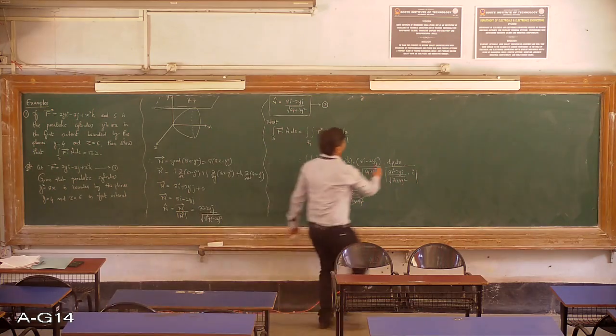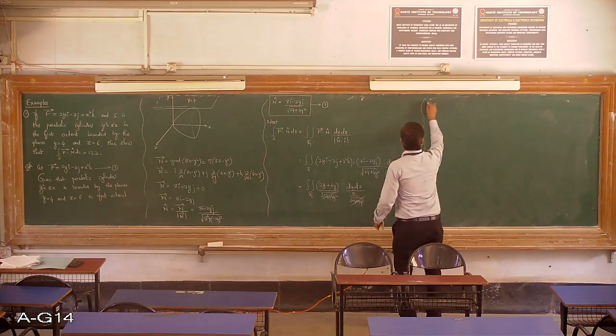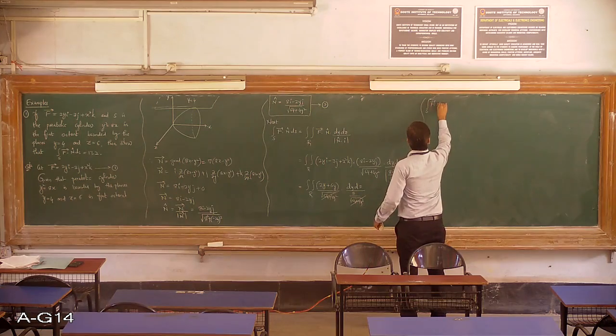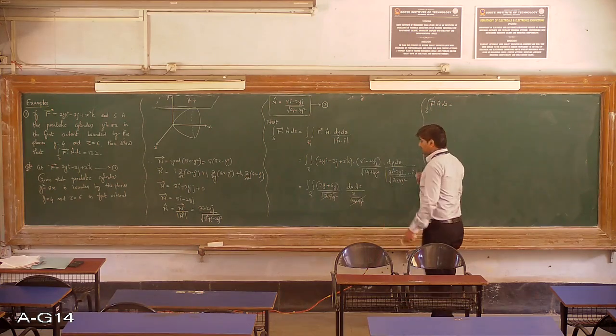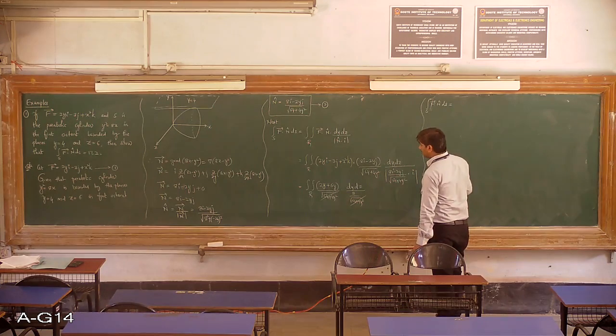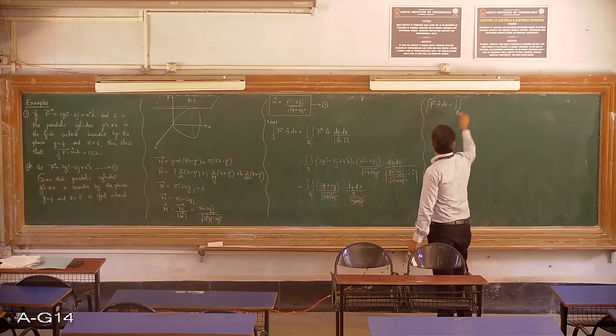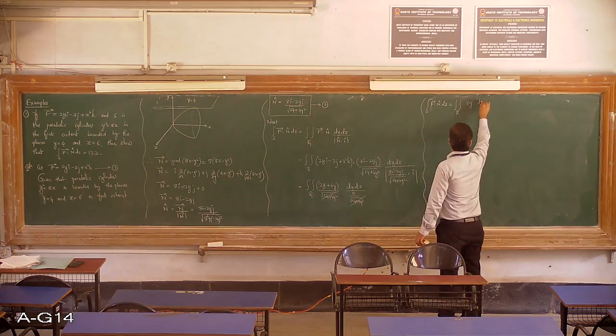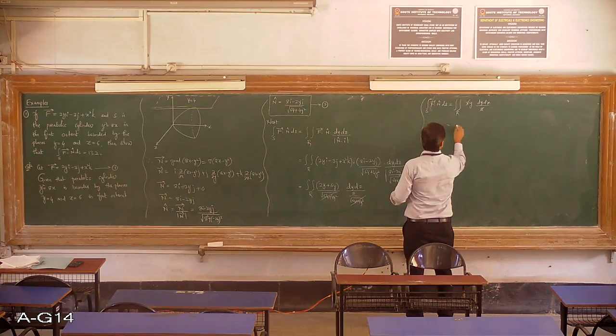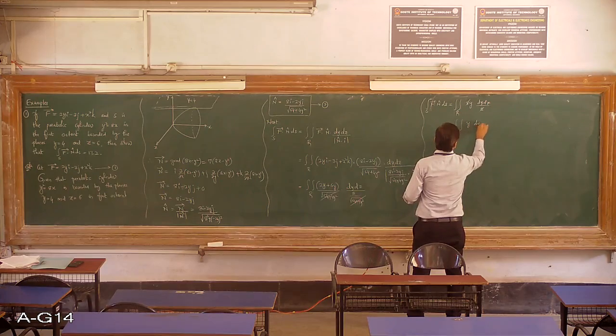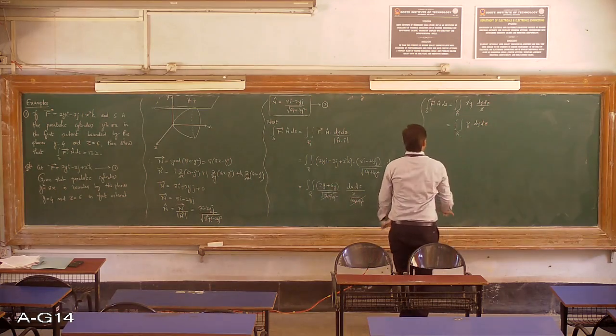So finally the integration over the surface of f dot n cap ds is equal to 2y plus 6y, that is 8 times y into dy into dz divided by 8. This 8 gets cancelled, and now this is a double integration over the region R, y into dy dz. Okay, so everything is fine.